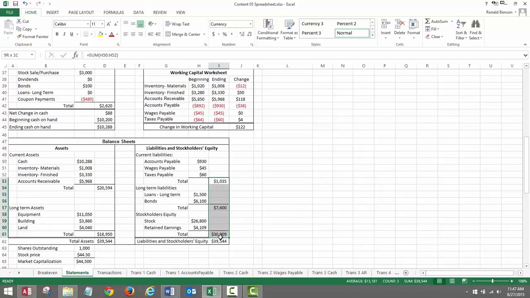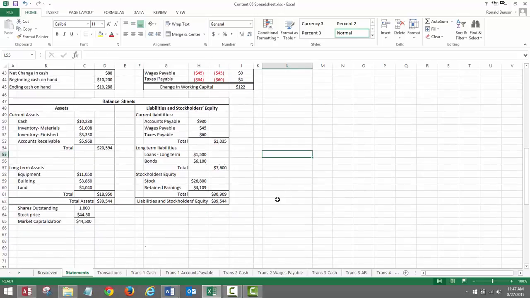You add those three up and you get $39,544. Note that these two are equal. They're both $39,544. They must be. If everything is done right, they will come out to be the same. That's a very important check to make every time you do this.